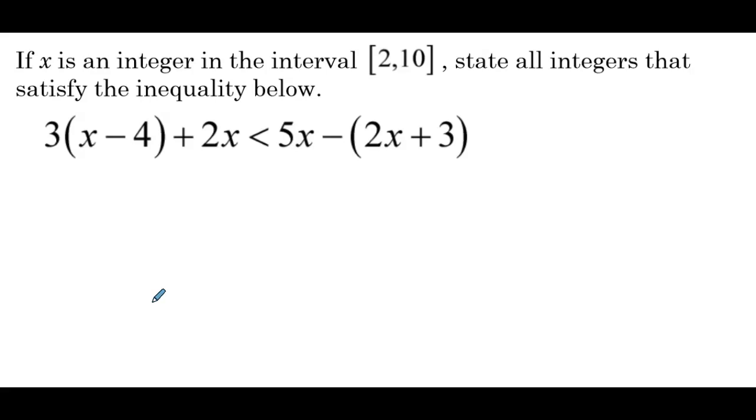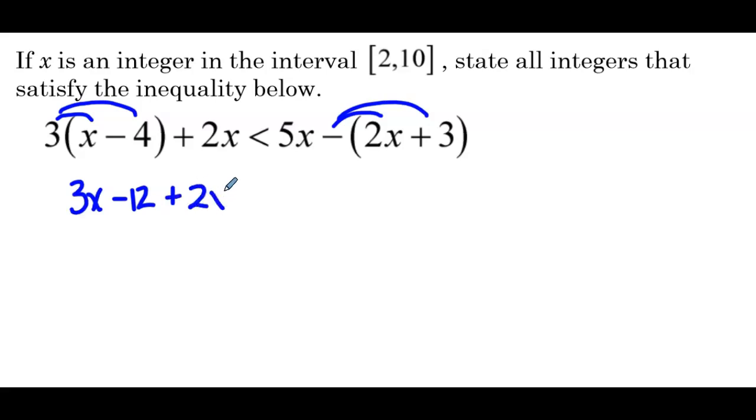So before we look at the interval, let's first solve the inequality. We'll start by distributing the 3 and the negative 1. So we have 3x minus 12 plus 2x is less than 5x minus 2x minus 3.